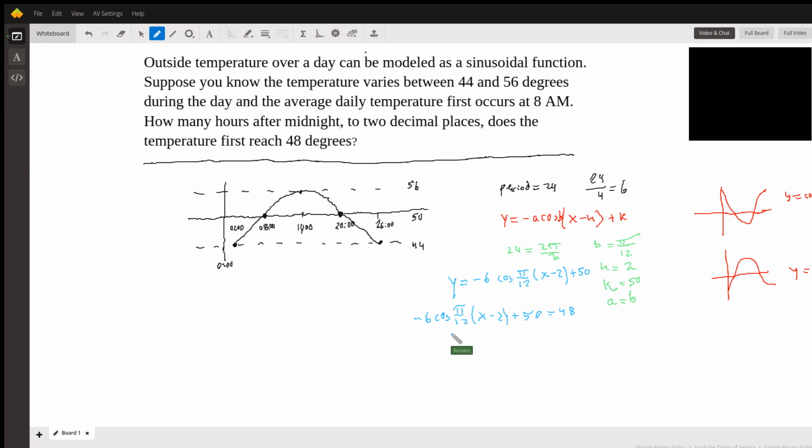We can simplify this a little bit, bring over the 50. So that's going to be a -2 here, -6 cosine. And you can divide by -6, so that's going to be 1/3.